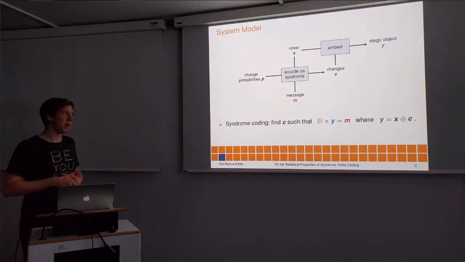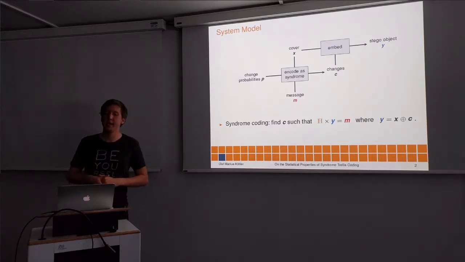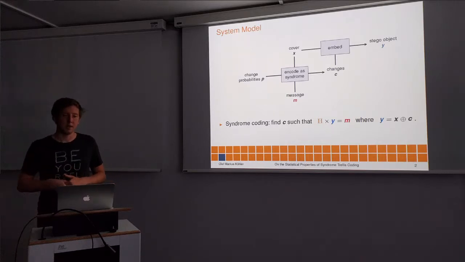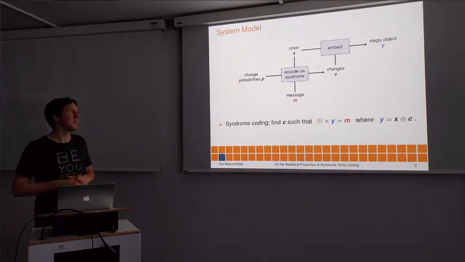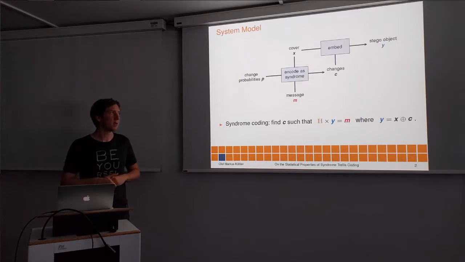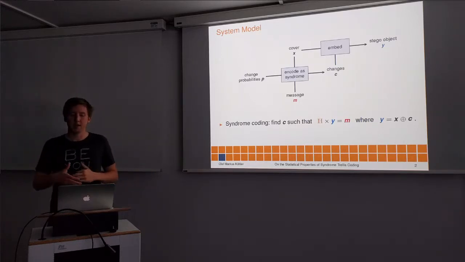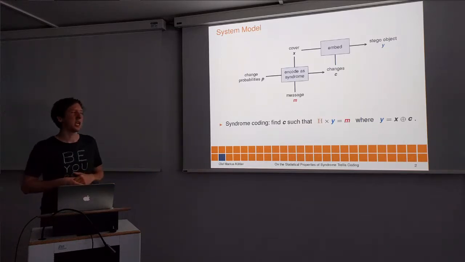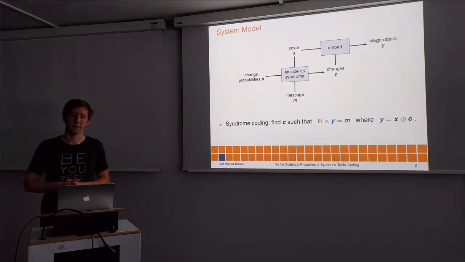There are a lot of ways to solve linear equation systems like that, and the result would be a sufficient solution in the sense that the message M is included in our stego object. However, the change vector might not fulfill these change probabilities. He probably won't fulfill them.